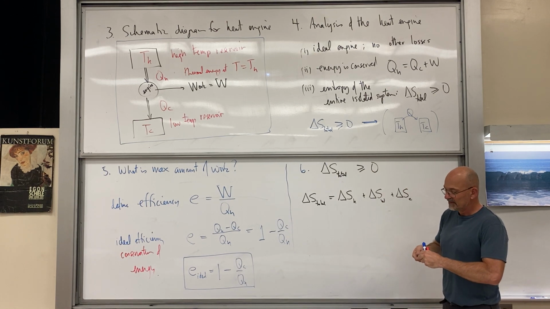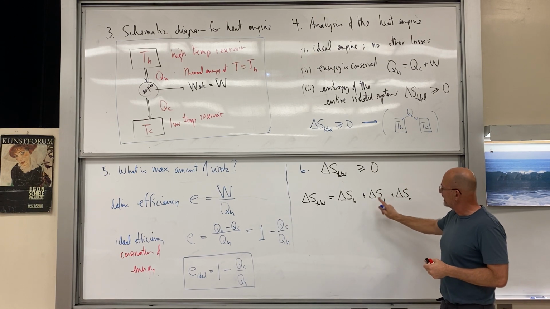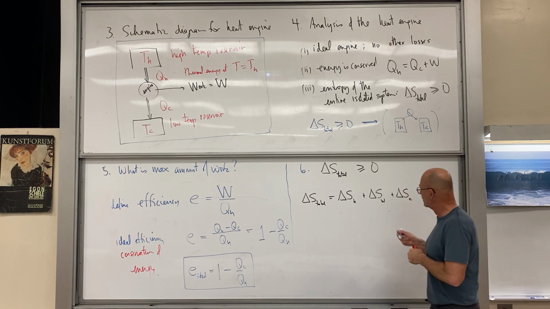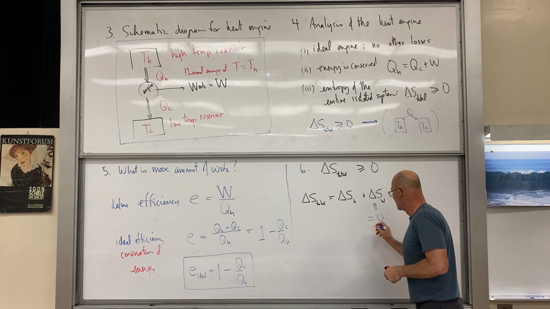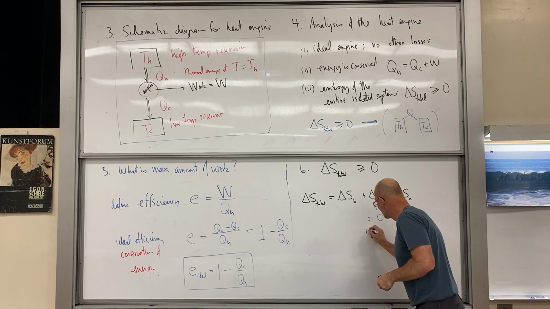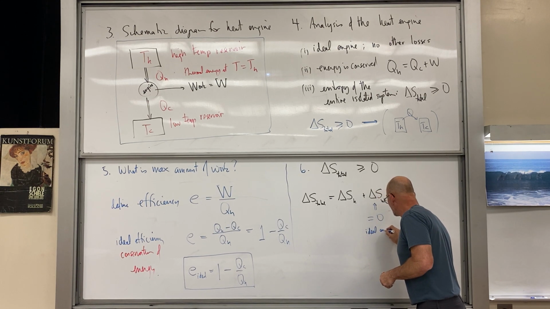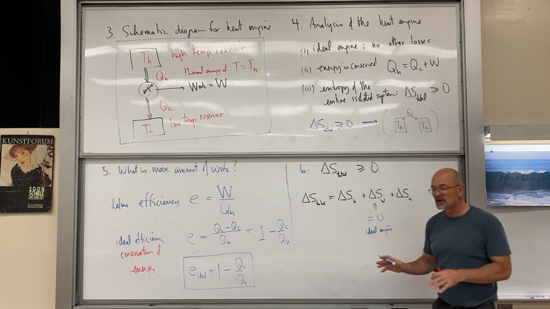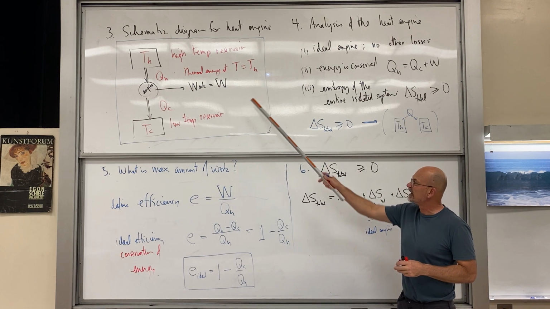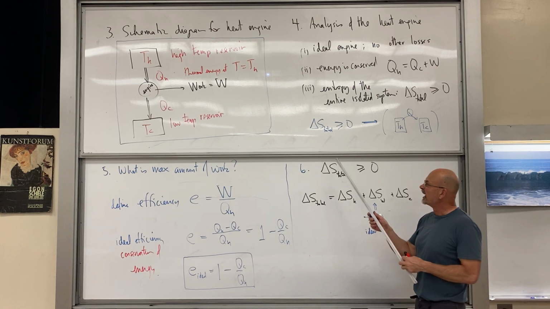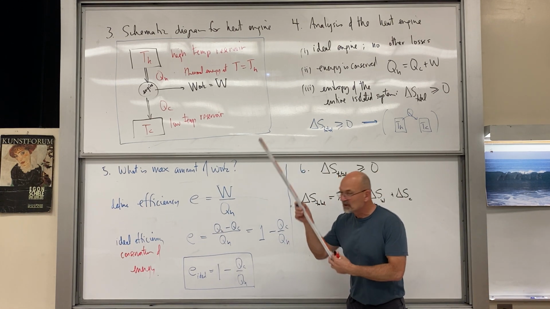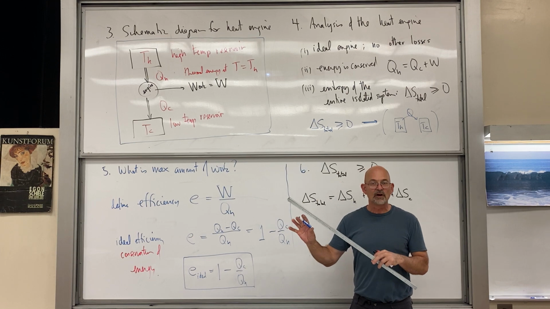However, this is an ideal engine, and the work one is going to be 0. Why? Ideal engine. No friction, no heat being given off by this engine. No wear and tear.